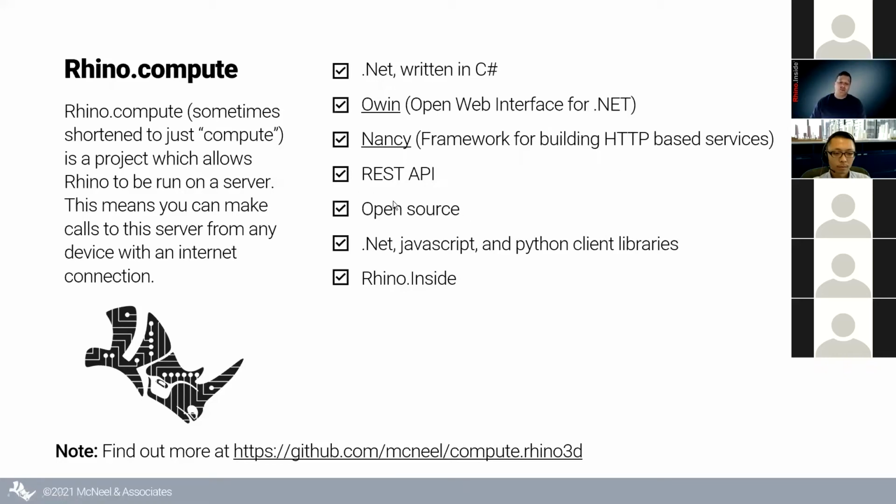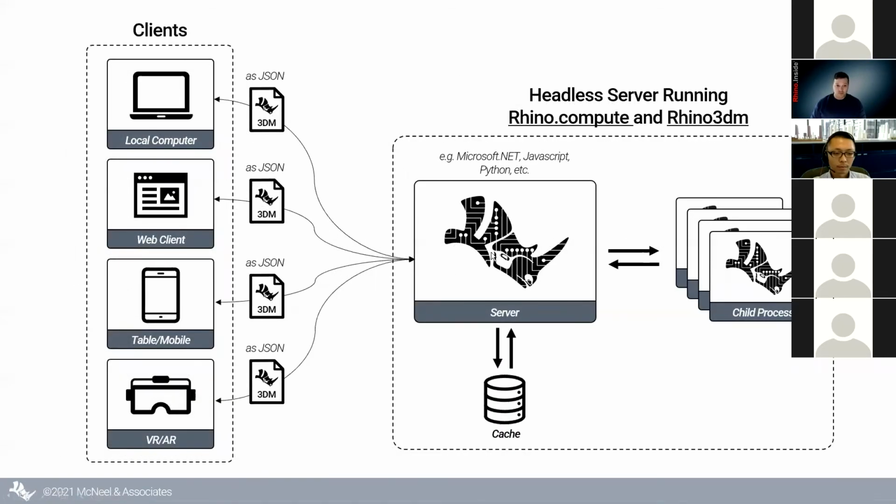Essentially, what all this means is it allows us to have a client, a front end. This could be your local computer, it could even be a web page, it could be mobile, and it allows you to send information or a request as a JSON REST API call to another computer program.